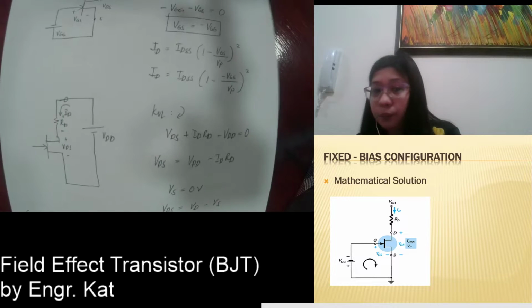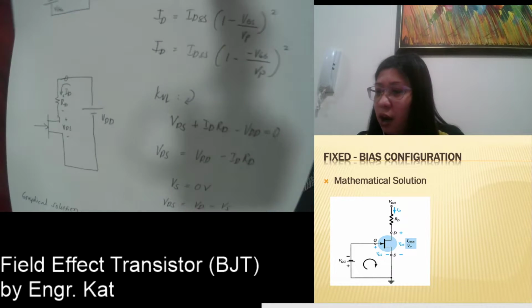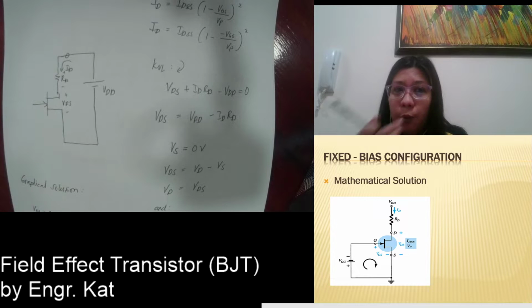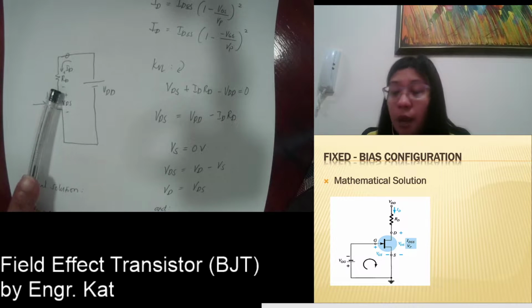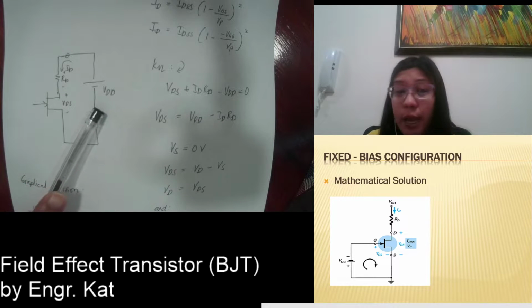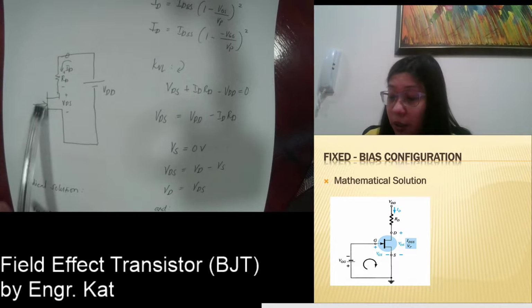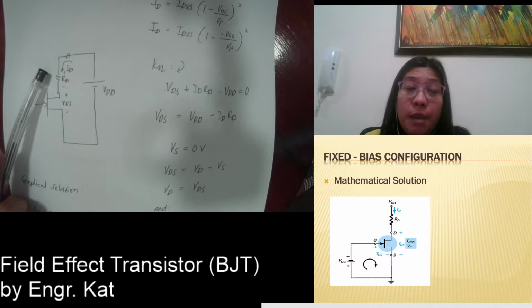Upon analyzing the other parameters that we have in our circuit, going to the output side of your circuit, we have here your ID. Okay, so you have your negative VDD flowing from negative going to the positive in this direction. So your ID will be entering here.